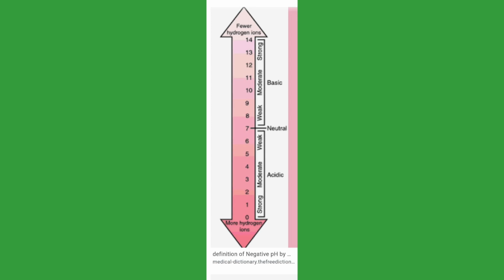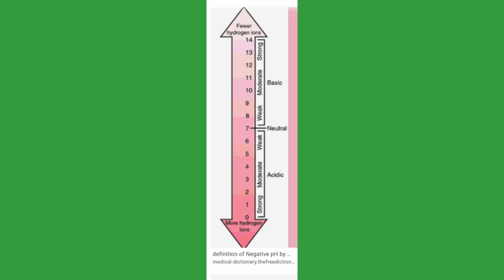At 7, you can clearly look at this pH scale. Whenever there is a pH of 7, it means the solution or substance is neutral, and above 7 it is weakly basic, then gradually stronger, and finally completely basic. Going down, it is a weak and then acidic medium, and at number 1 it represents a very strong acid.